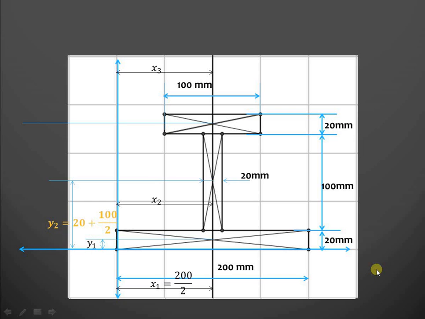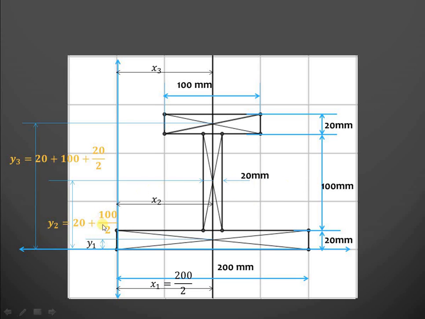Similarly, we can find out the values of y1, y2 and y3. So for the measurement of y1, we have taken this axis, that is the extreme bottom of the section, as a reference. So this is y1, that is nothing but 20 upon 2. So it is the distance of the centroid from the reference. So that is 10 mm. Then y2 will be equal to this 20 plus this particular half of this 100.